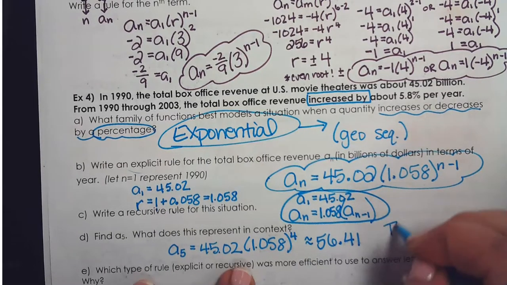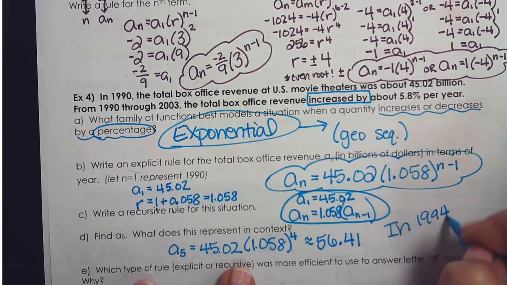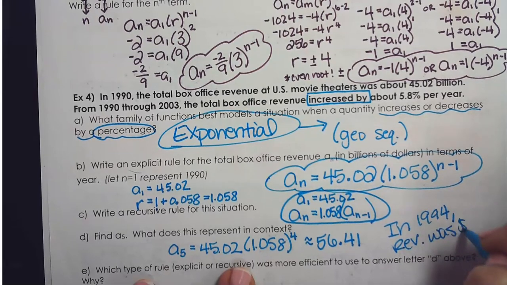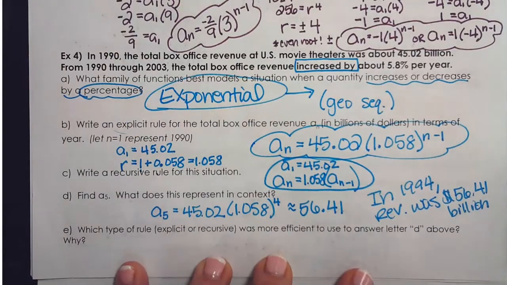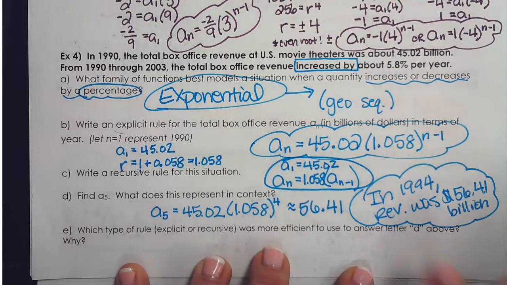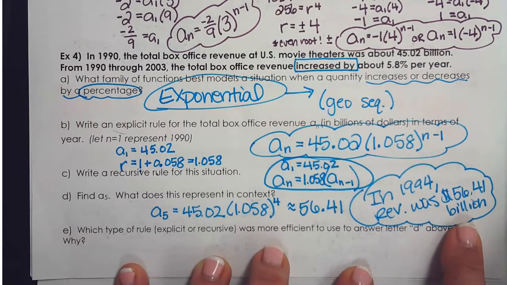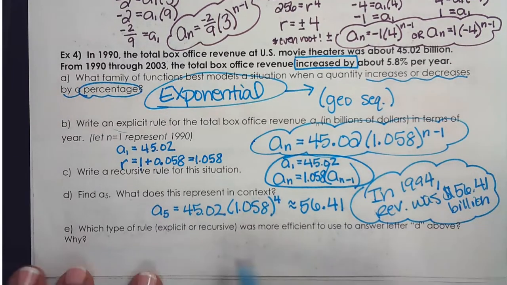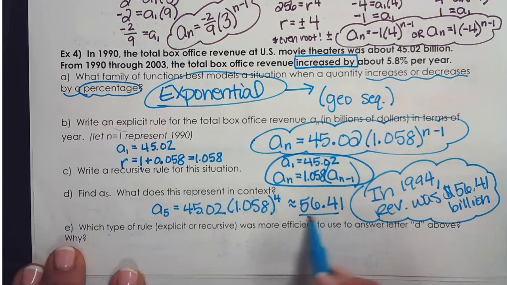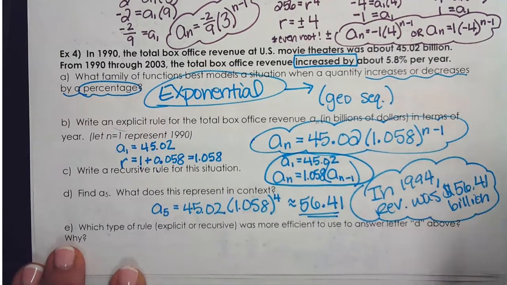So that means that in 1994, the box office revenue was about $56.41 billion. That is what A sub 5 represents in context.